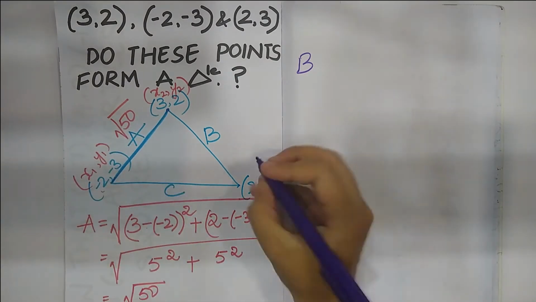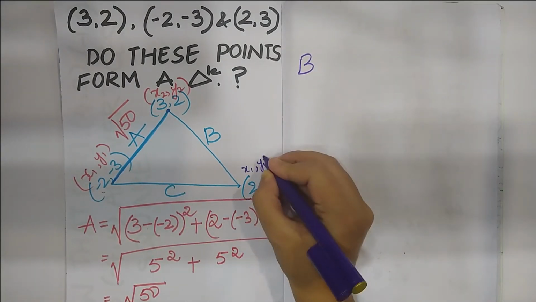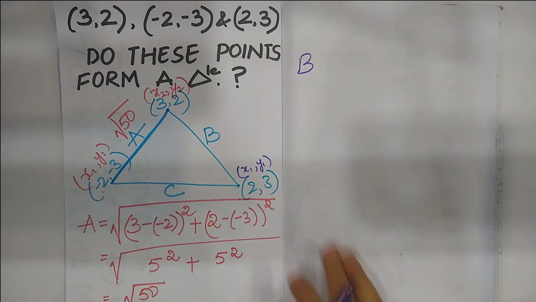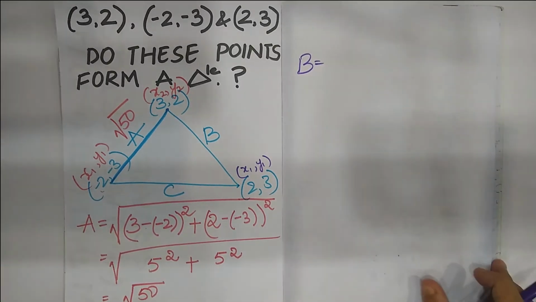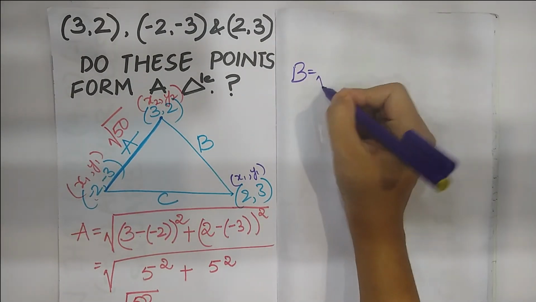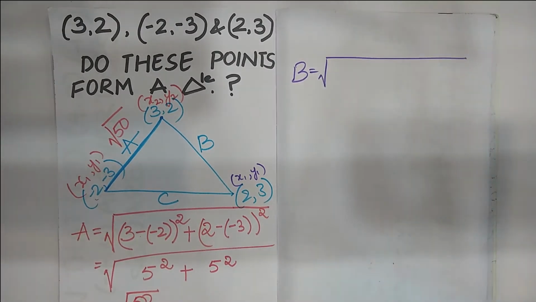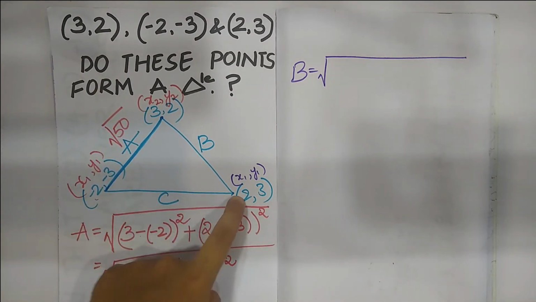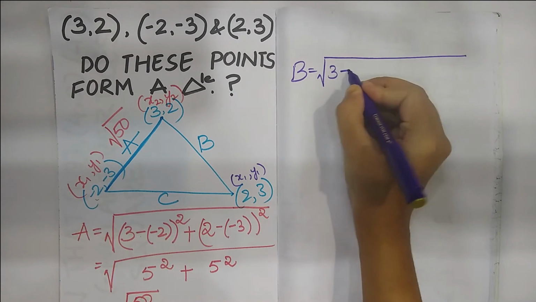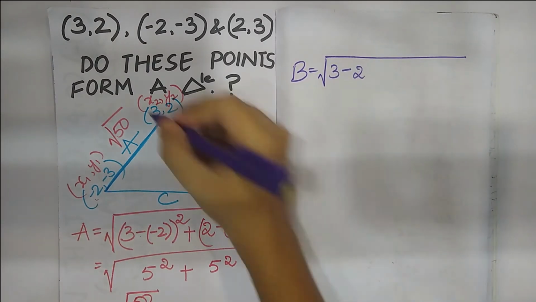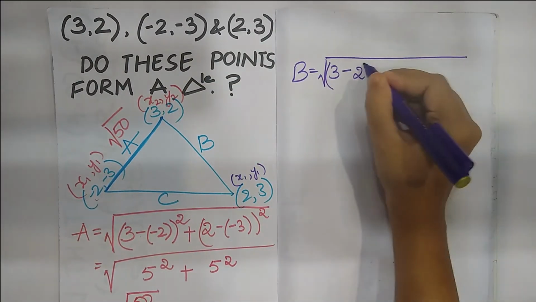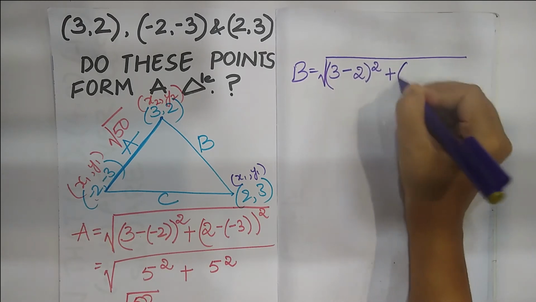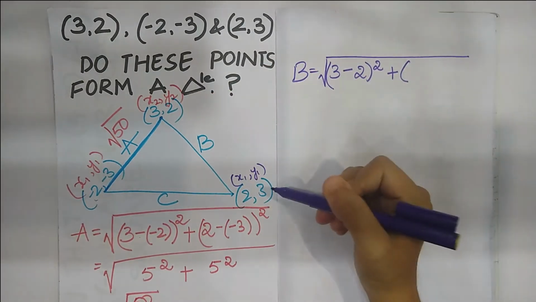Let us take x1, y1 as 2, 3, for convenience sake. So B will be equal to, again, applying the distance formula, square root of x2 minus x1. So x2 is 3, x1 is 2. So it will be 3 minus 2, the whole square, plus y2 which is 2 and y1 which is 3.